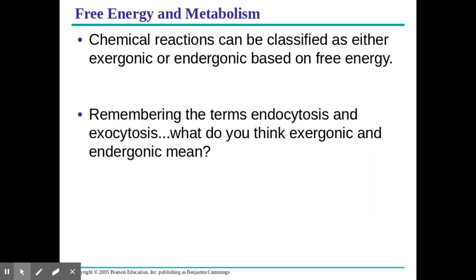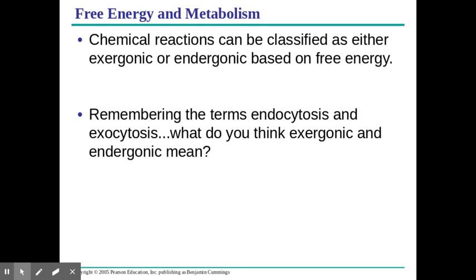All right. So chemical reactions are classified as either exergonic or endergonic. That's the next concept that we're going to go into. These might be terms that you talked about in chemistry, not positive on that. So here's what I wanted you to think about before I tell you what they are.